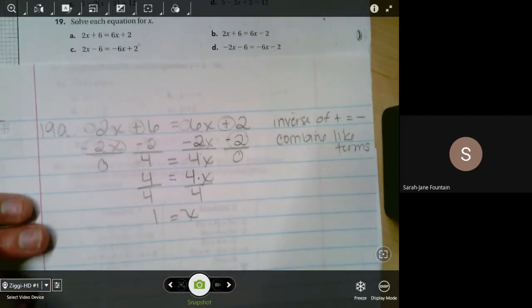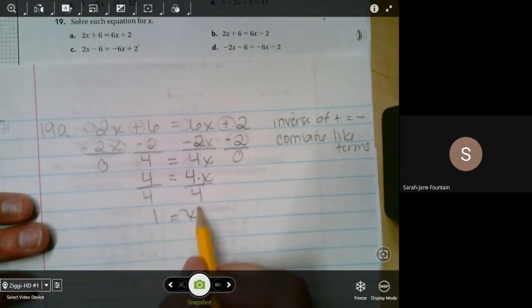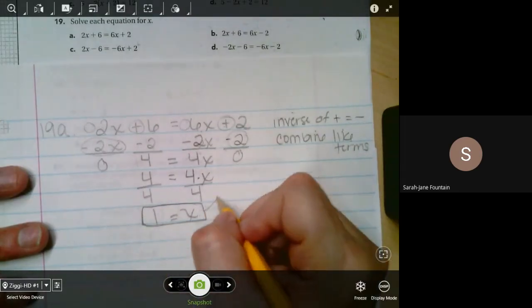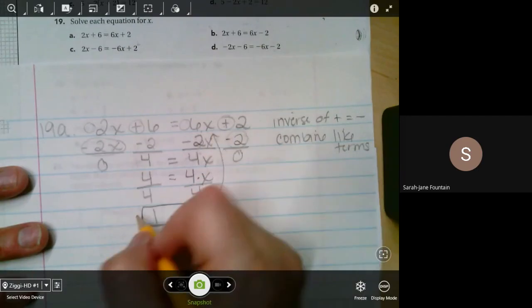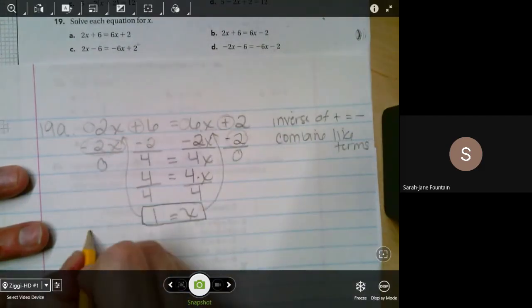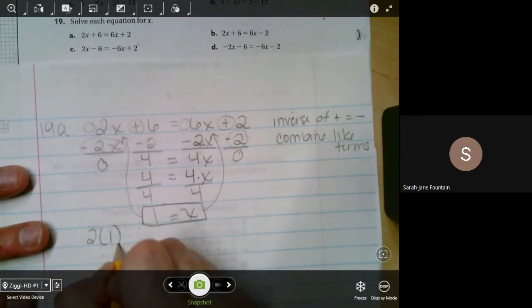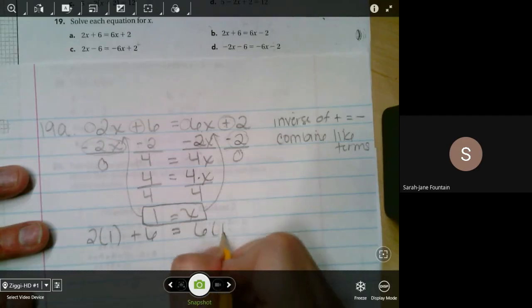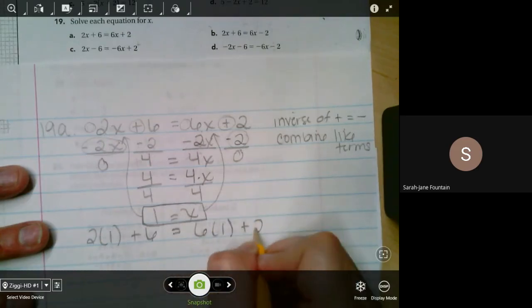And how do we check our answer? I have an x right here. It says that x is 1. So I'm going to take it and plug it in here, and I'm going to plug it in here. So now I have 2 times 1 plus 6 equal to 6 times 1 plus 2.